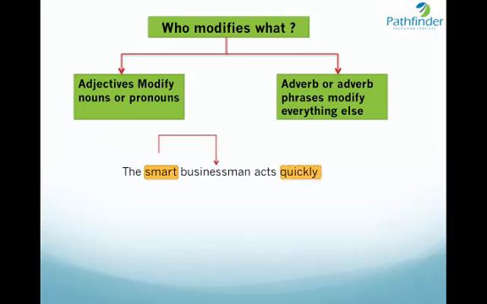Similarly, the word quickly, and you might remember that any word that ends in ly is generally an adverb. So quickly is an adverb, and as we have just seen, adverbs or adverb phrases modify everything else. So quickly cannot modify a noun, businessman; it will modify the verb acts.